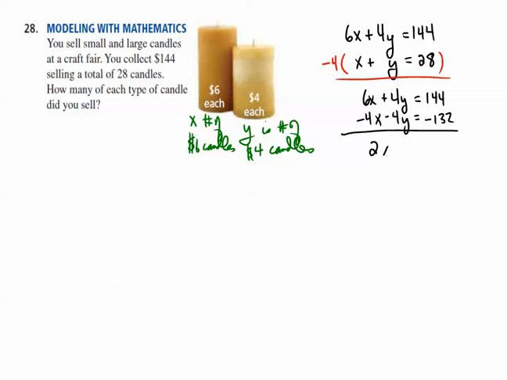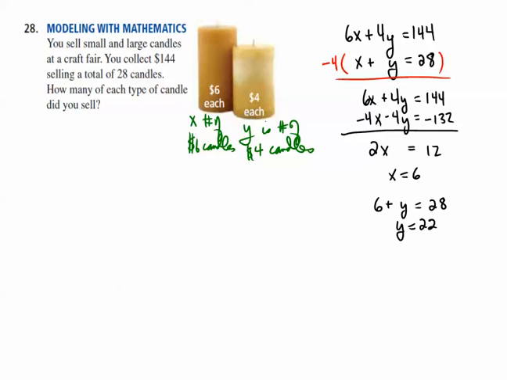When I do this, I end up with 2x is equal to 12. So that x would have to be 6, and since x plus y is 28, 6 plus y is 28, so 6 plus 22 is 28.